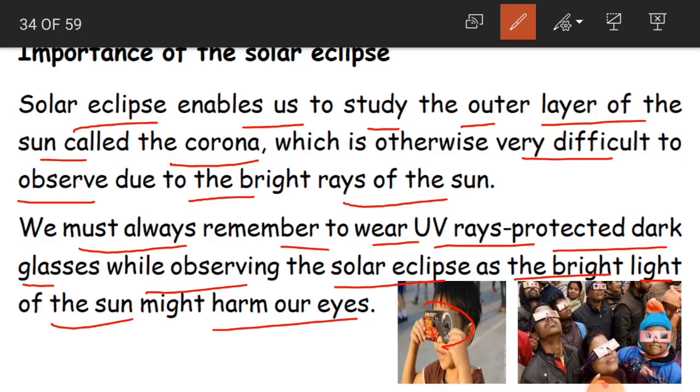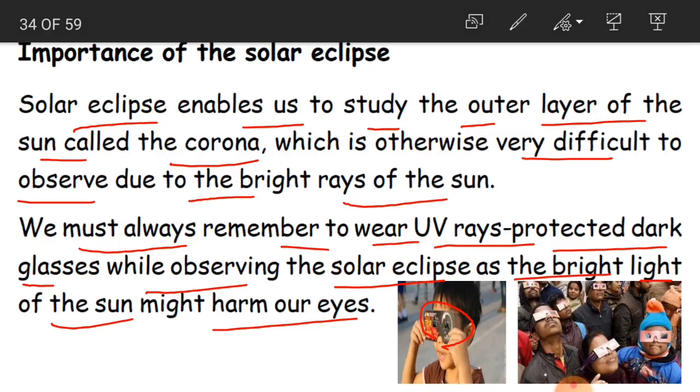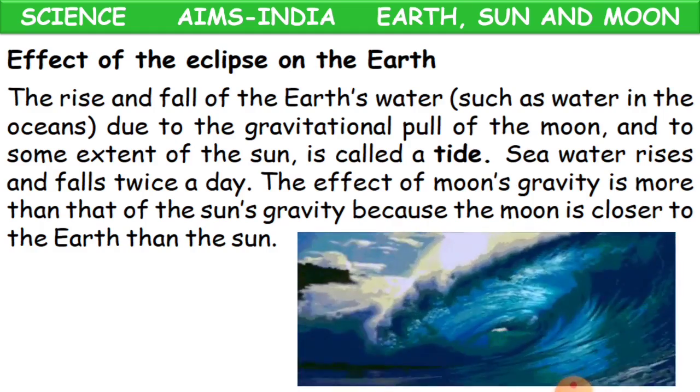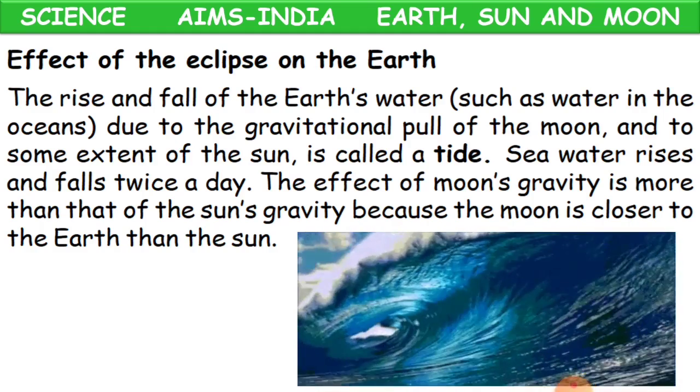They are wearing UV protected dark glasses while observing the solar eclipse, because the bright light of the sun might harm our eyes. It might harm, because they are very powerful rays, children. Clear children? So that is about the solar and lunar eclipse.